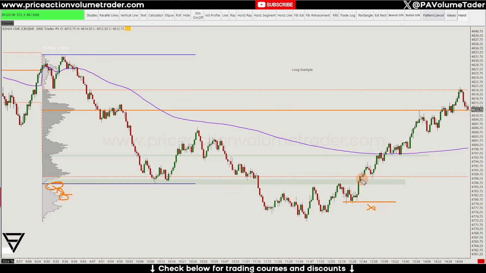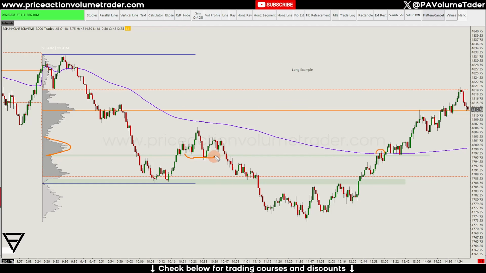So you can have your invalidation, look for a pullback here, and you can just ride it, maybe target first this area. Well, you have VWAP, and you can see on VWAP here how there's a second opportunity on this little node as well. VWAP is giving us some resistance.